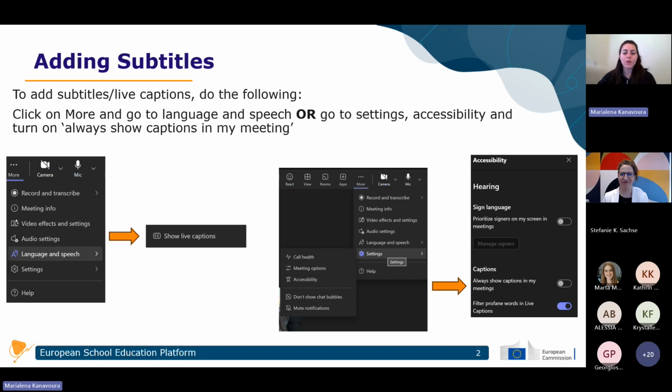Then you can move to Language and Speech and click Live Captions. You can also install this function by going again to the button More, then click on Settings and turn on the captions in the Accessibility section. Of course, if you have any questions regarding this or any other technical issues, please let us know in the chat and we will come back to you as soon as possible with a reply.